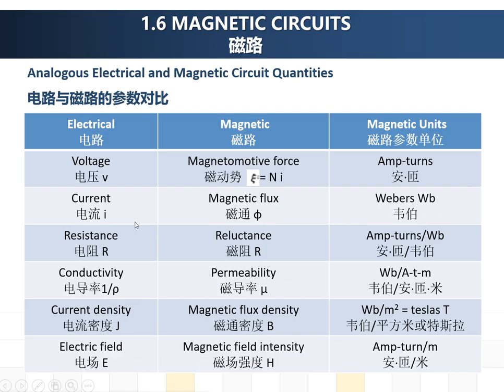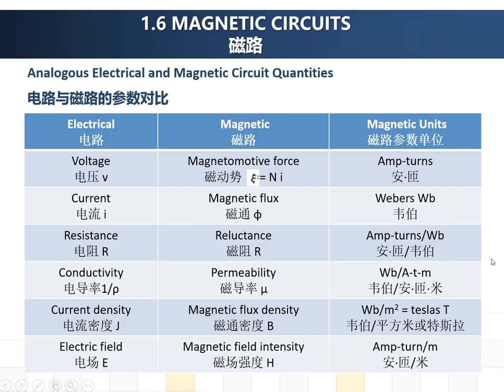Analogous to electric current, in the magnetic circuit we have magnetic flux phi. The unit of phi is a Weber, represented using the symbol Wb. Analogous to electrical resistance, we have reluctance in magnetic circuits.